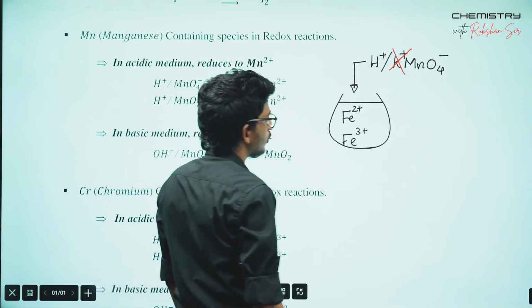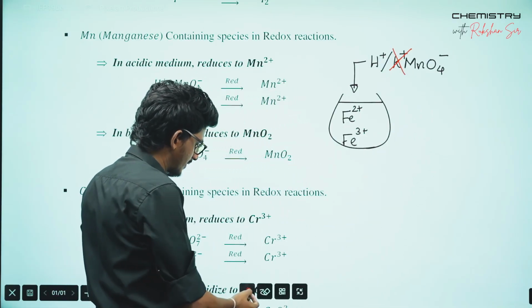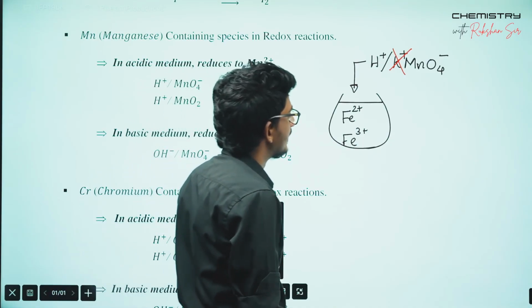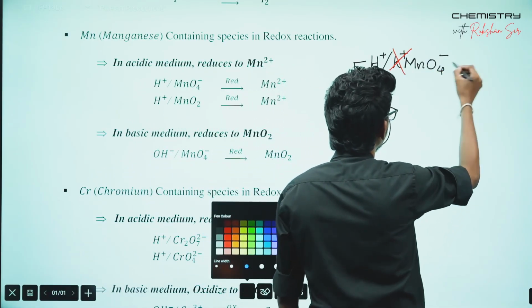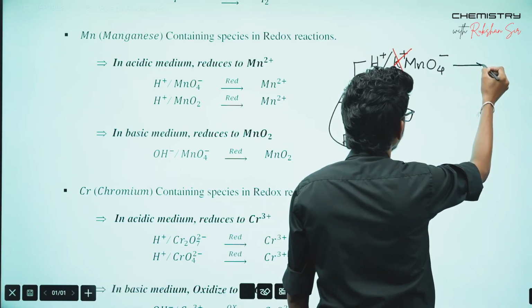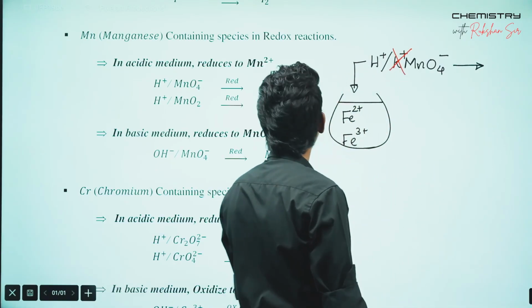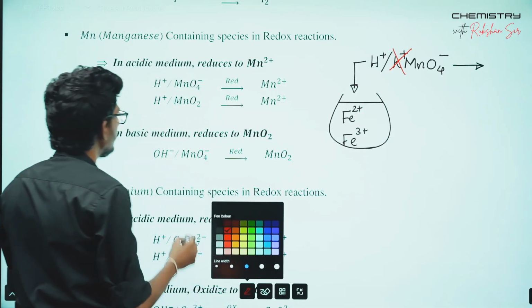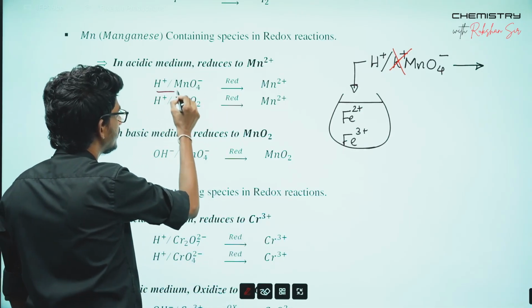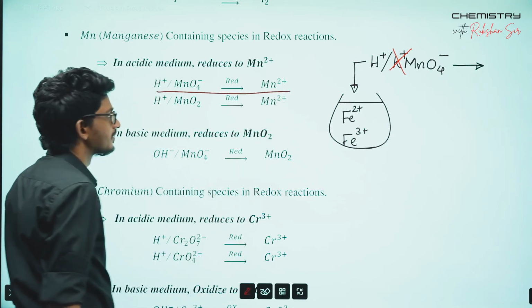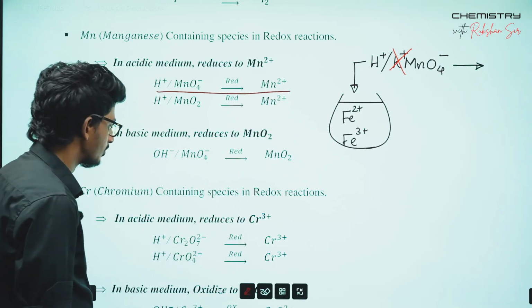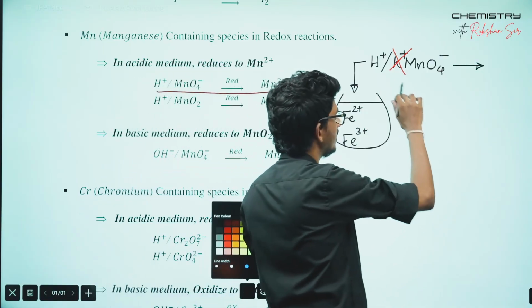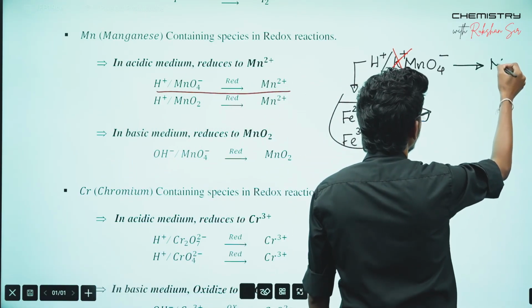What about the MnO4-? This rule says MnO4- in acidic medium is always reduced to Mn2+. So MnO4- in acidic medium always tends to reduce to Mn2+.